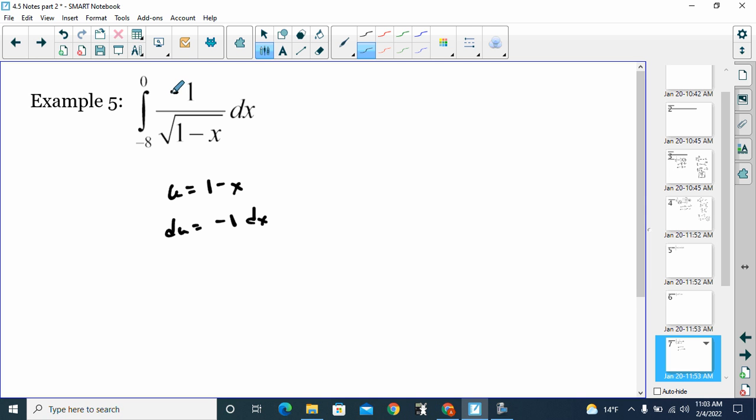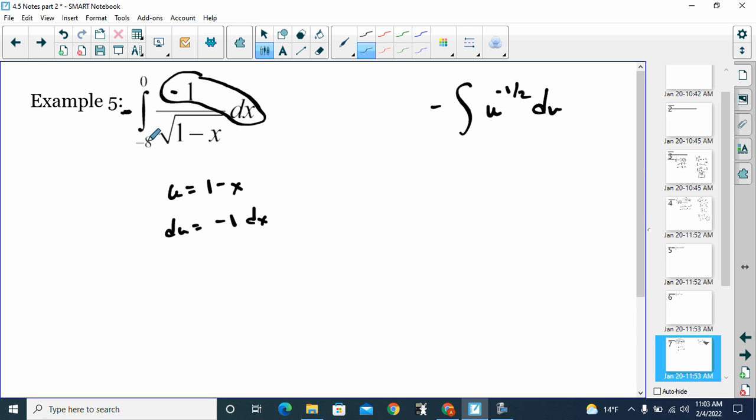So I need to multiply by -1. Multiplying by another -1 out front would cancel those out. -1 dx, there's du. Got a negative sign out front. I've got 1 over root u, or u to the -1/2.